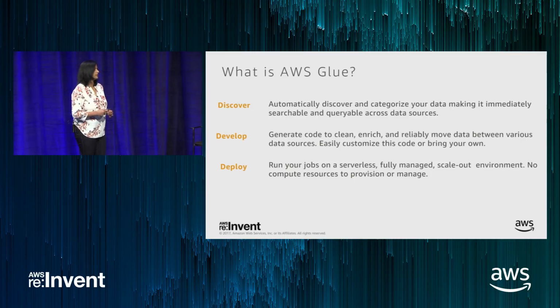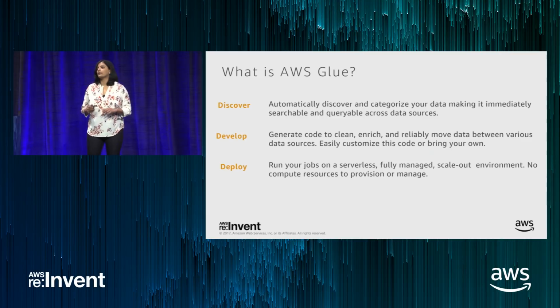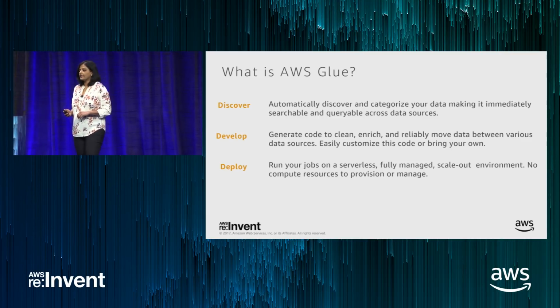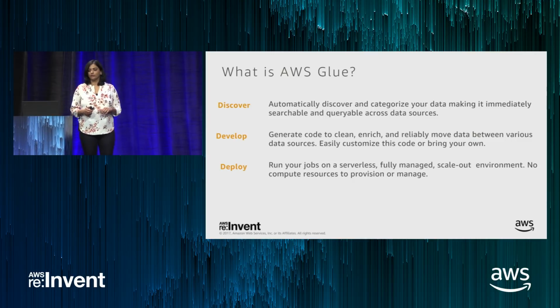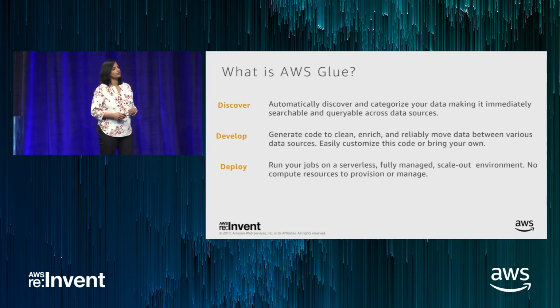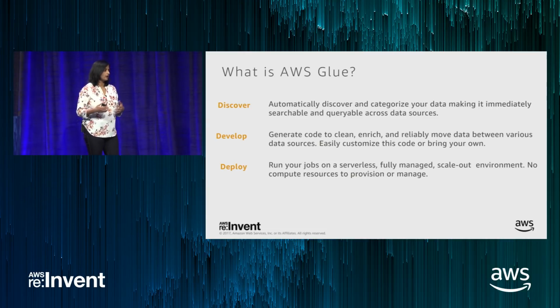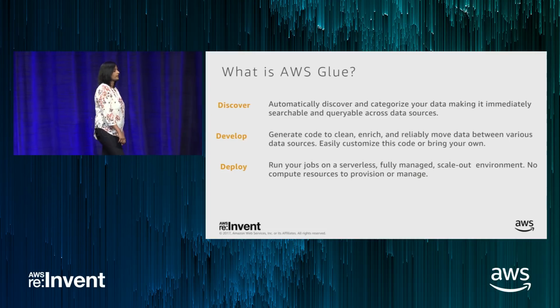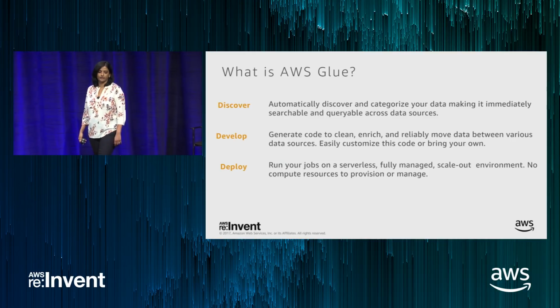So now let's take a look at what AWS Glue is all about. AWS Glue provides you three things. It helps you discover and understand your data so that you can quickly search and query this data. It then helps you develop the code necessary to clean this data, enrich this data, combine it from various different sources, and process this data, as well as move this data between various different repositories.